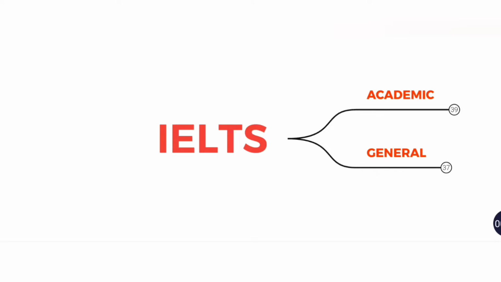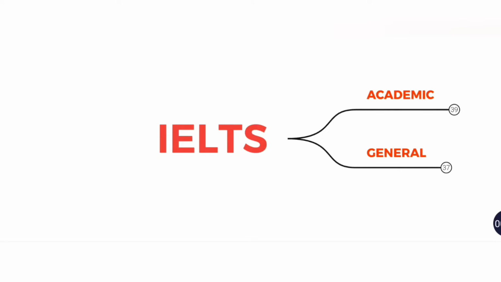It is a requirement to clear this examination with the required bands in order to pursue your higher education in such countries. On the other hand, IELTS General is taken by people who are seeking permanent residency in countries like Canada, and it is also taken by people who are planning to apply for a work permit.